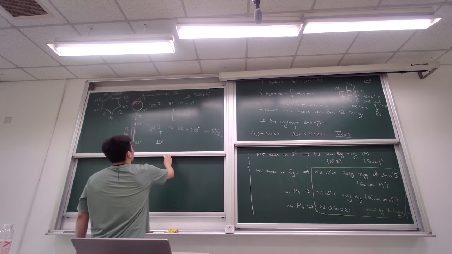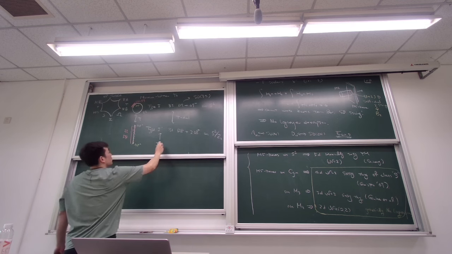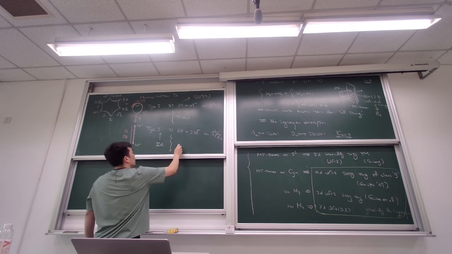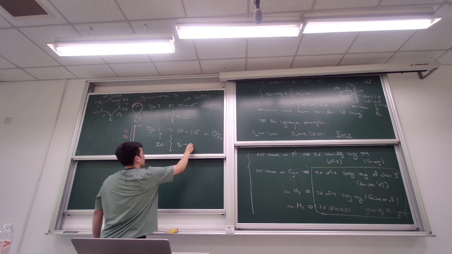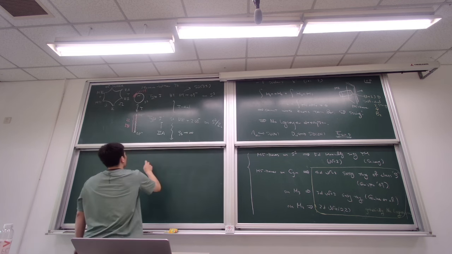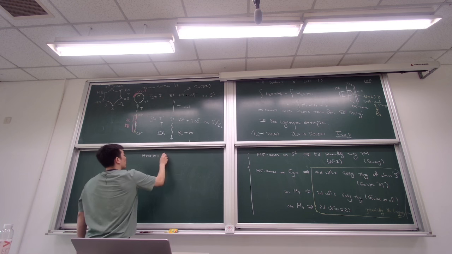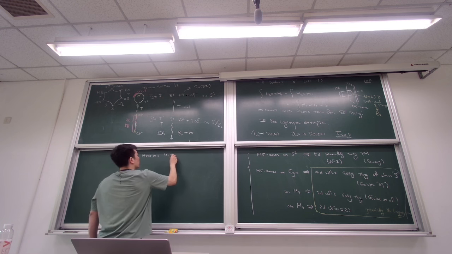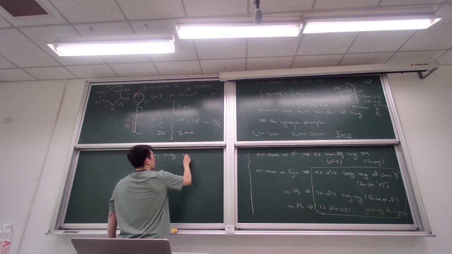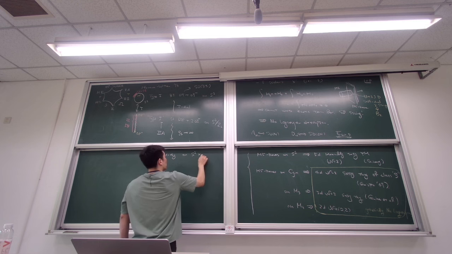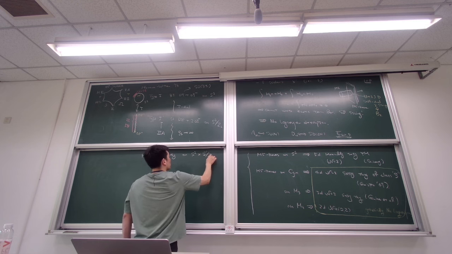So if you take the infinite coupling limit, g_s goes to infinity, and this becomes so-called heterotic M theory on S1 cross S1 mod Z2.